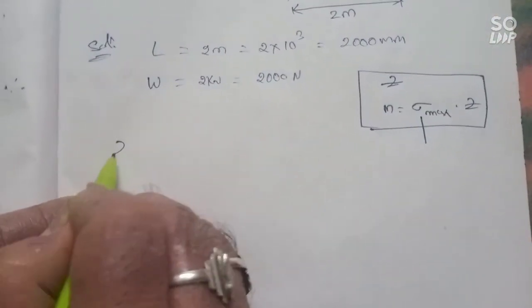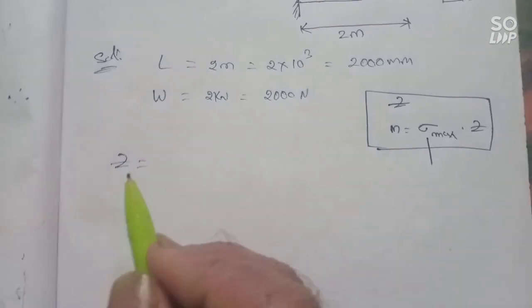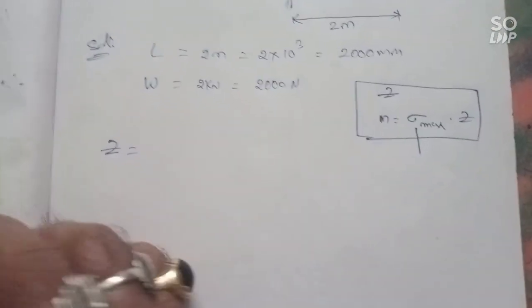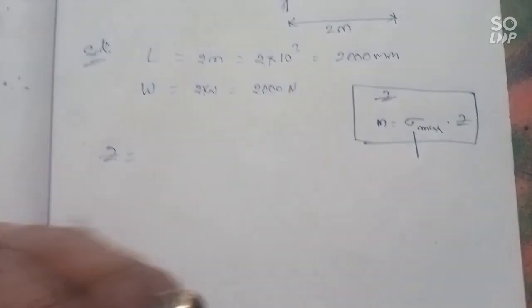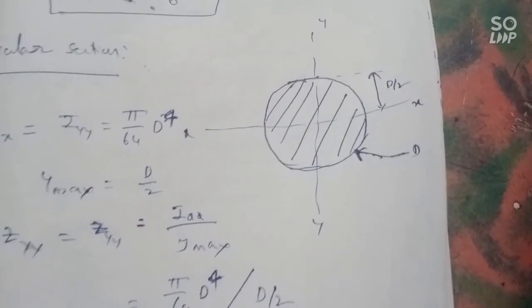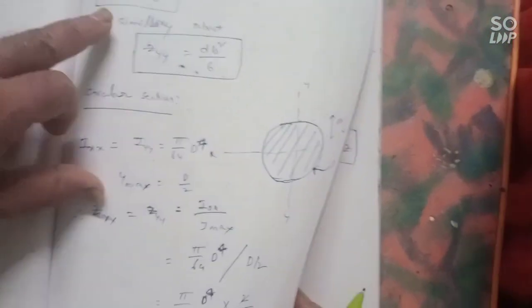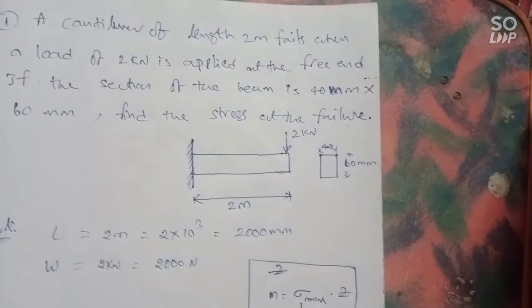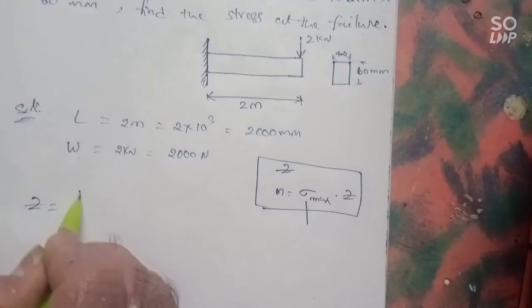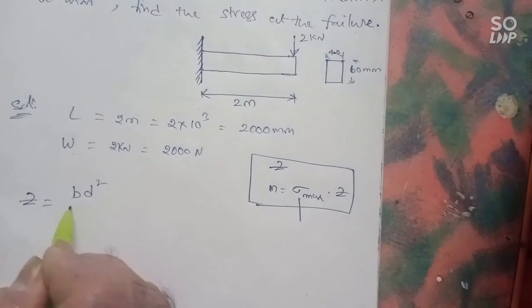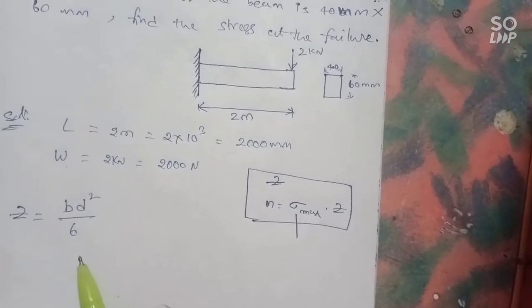Now we know the formula for Z for a rectangular section: Z is B D square by 6. So Z equal to B D square by 6.